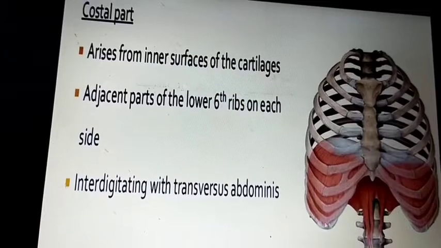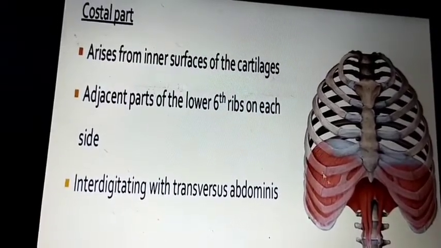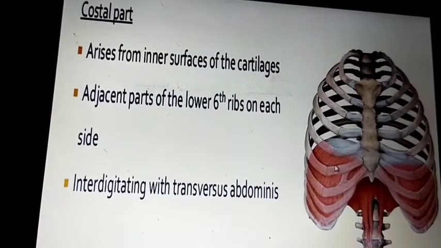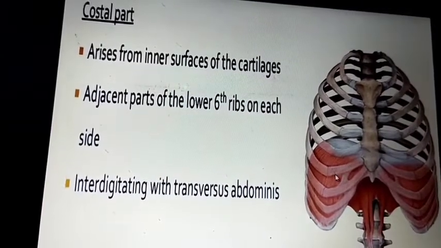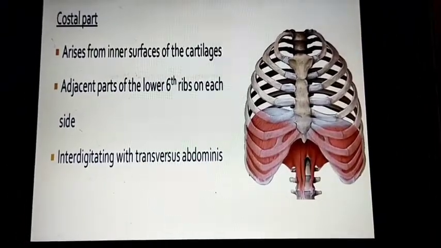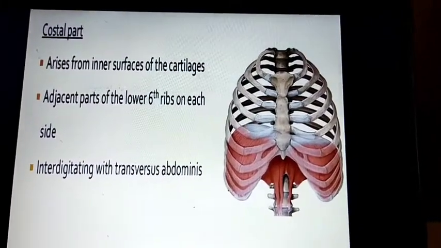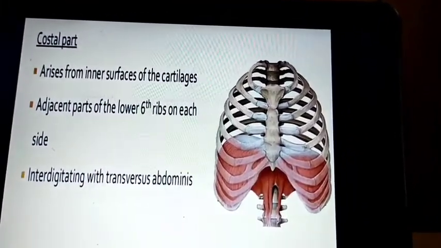This is the origin from the costal part.